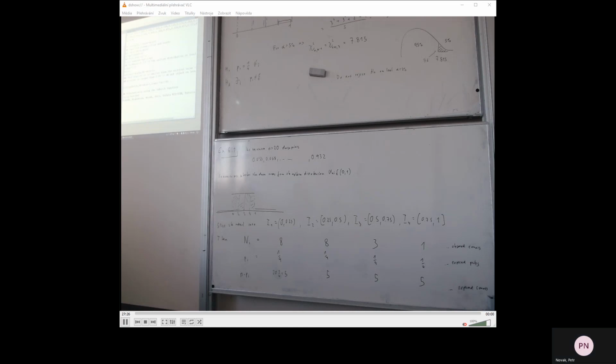Or what I could do is simply take the table of the individual counts and just insert it into the function chi-square dot test.